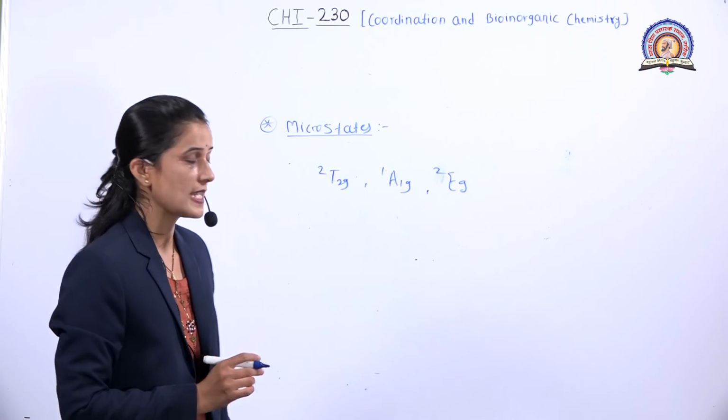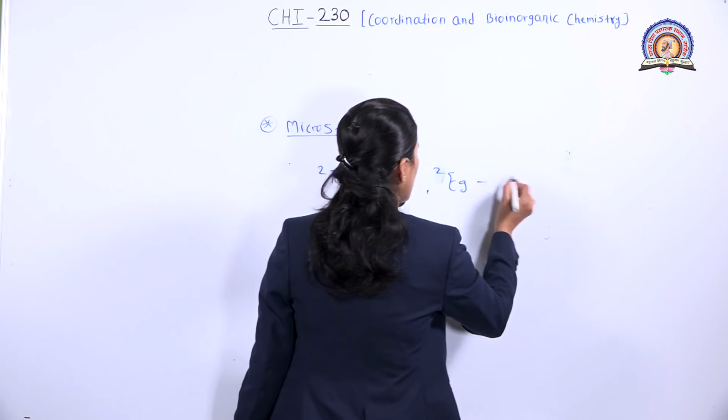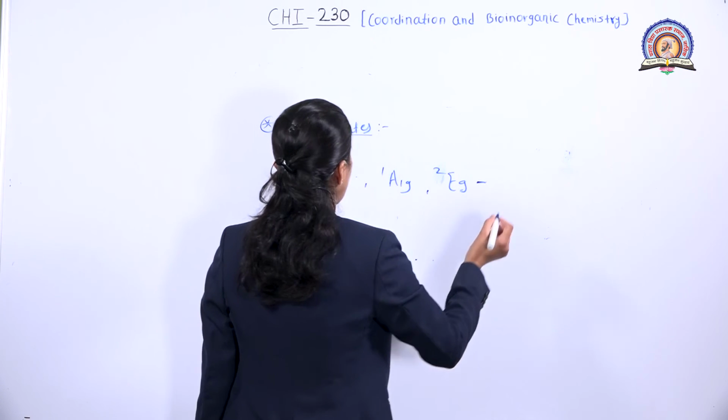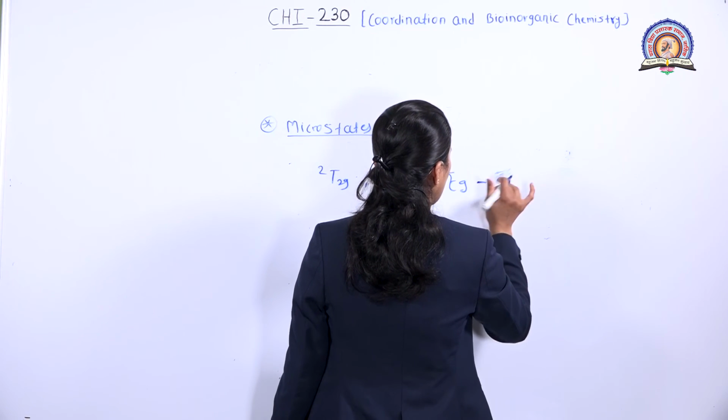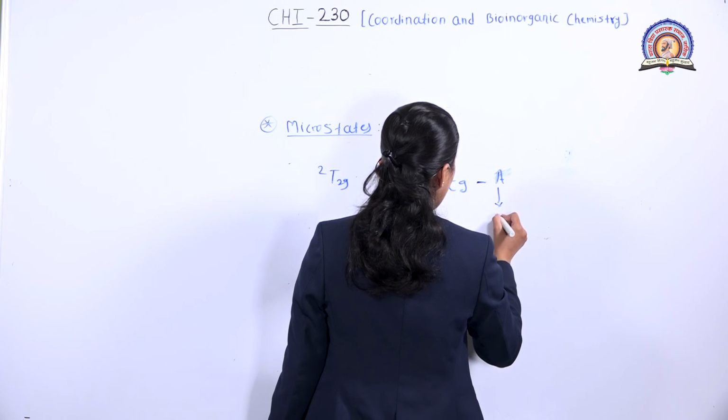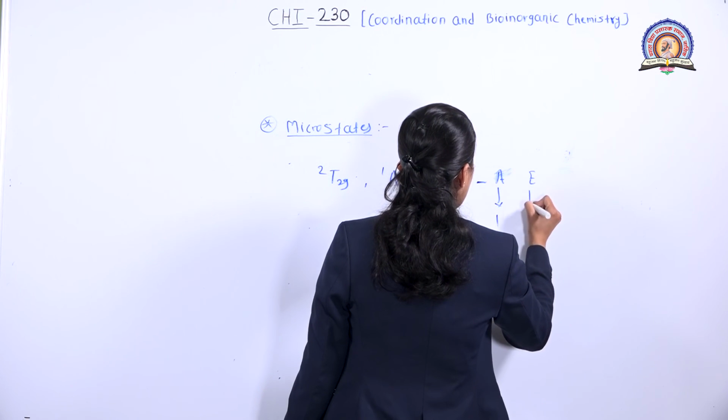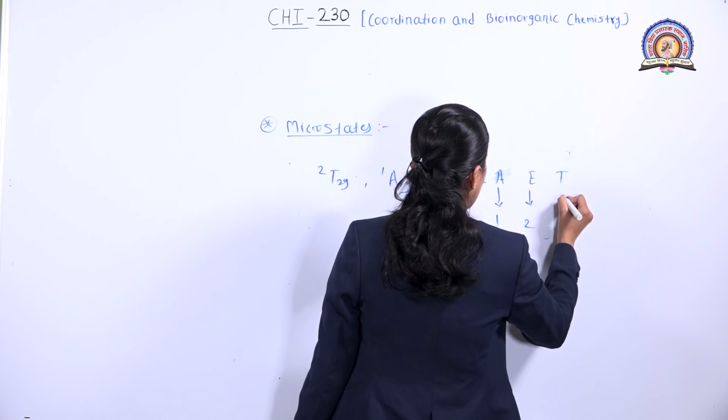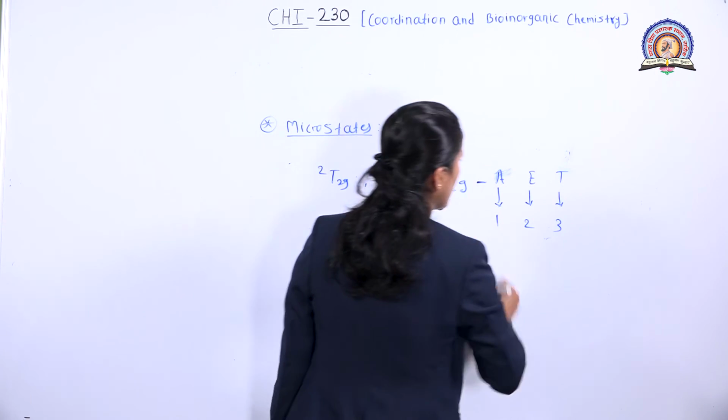What is the degeneracy for a Mulliken symbol? The degeneracy for A is 1, for E it is 2, and for T it is 3.